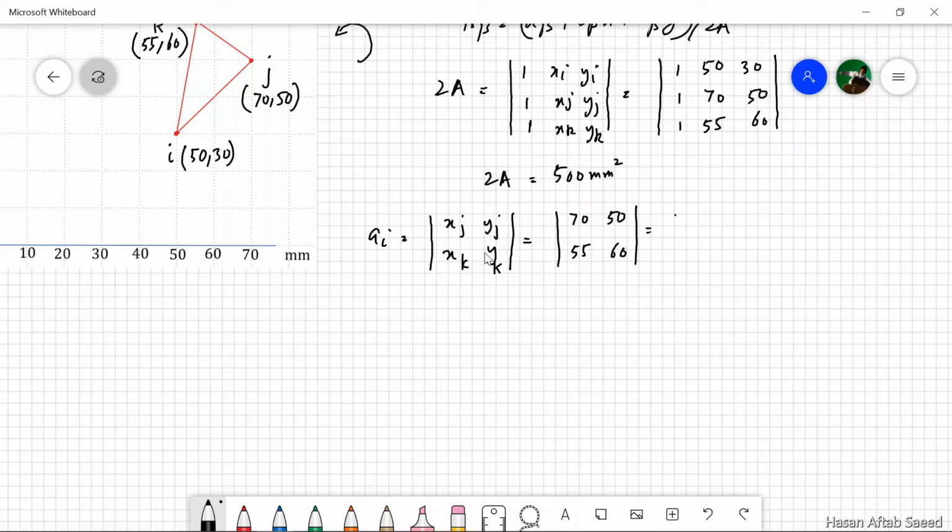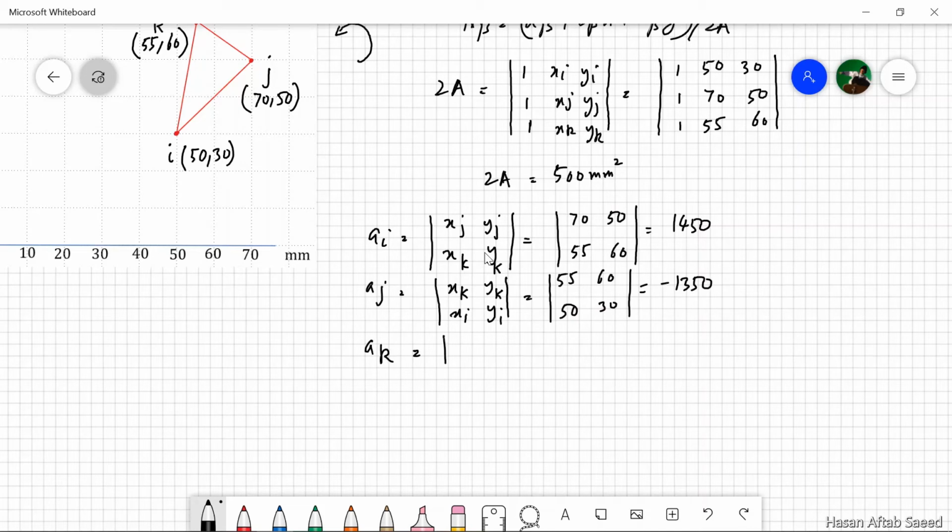Now this turns out to be 1450. AJ, similar scheme, X, X, Y, Y, you have K here now. Then we have I. Put in the values, we have 55, 60, and here you have 50 and 30. Now this turns out to be minus 1350. You should verify these numbers.